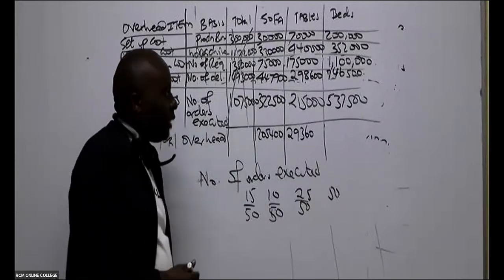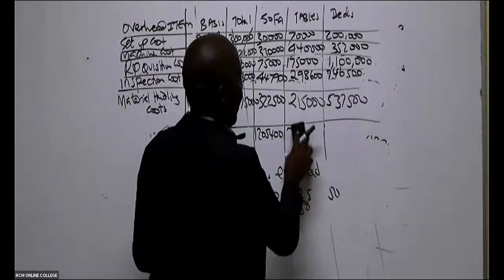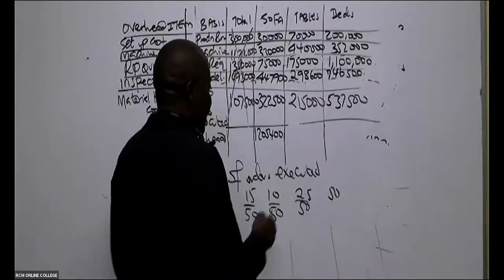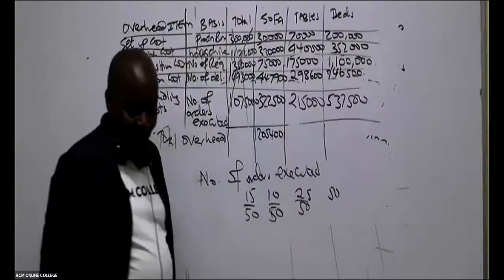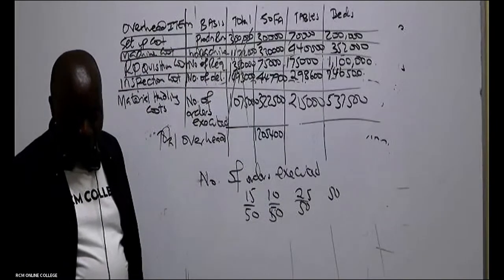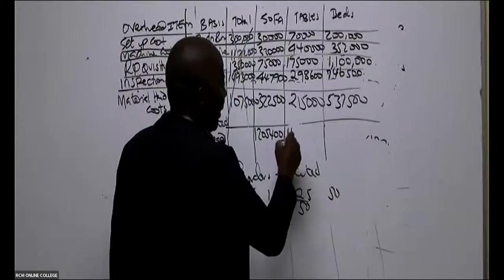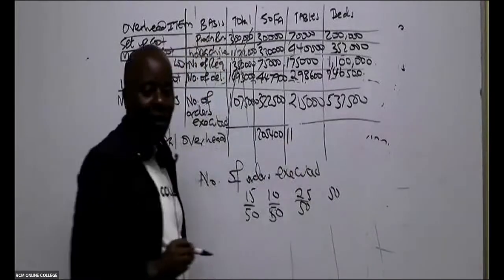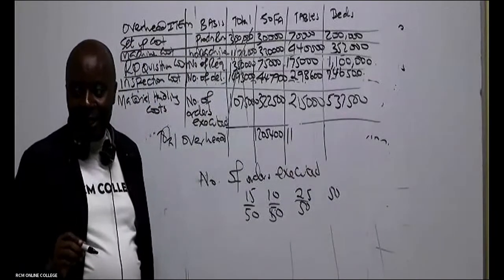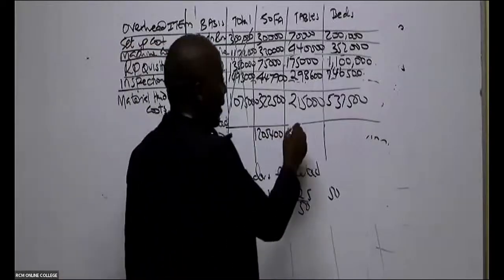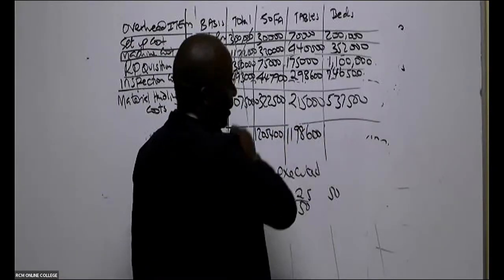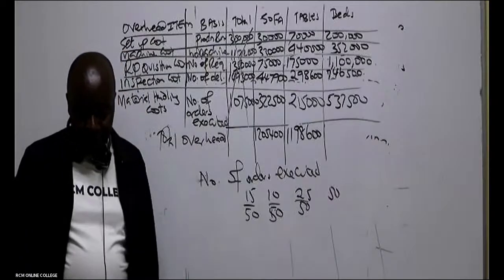This is supposed to be 11? So I started 11, or 19? 11, 9, 8. Can somebody confirm that figure is correct?